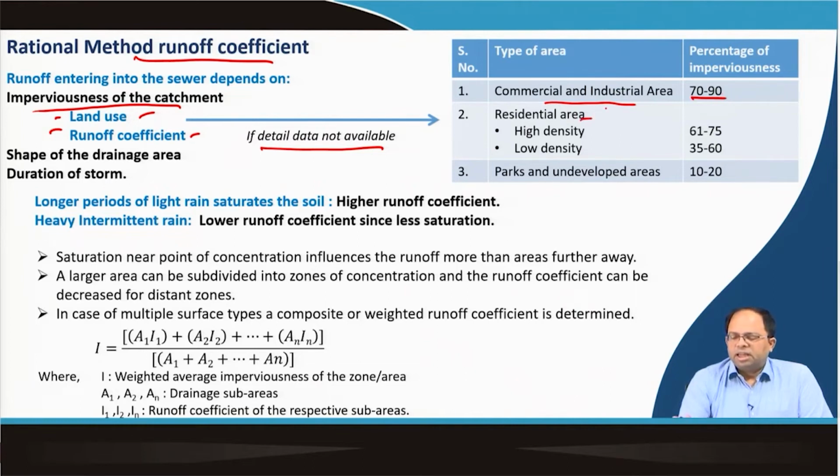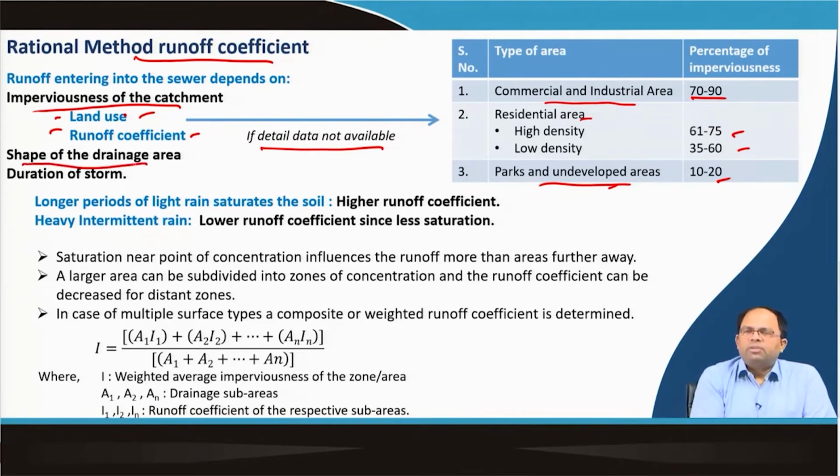If it is a residential area, then we can take these figures. If it is parks and undeveloped area, we can take around 10 to 20. These are the assumptions if you do not have exact data for land use or runoff coefficients. Plus, we need an idea about the shape of the drainage area and the duration of the storm. These are the basic information that we require.